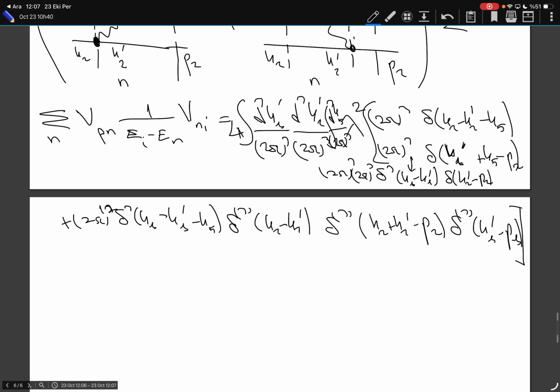And when I integrate, I can use those Dirac deltas to integrate over K1, K2, and K5. And there is also 1 over E minus E0, here 1 over E minus E1.